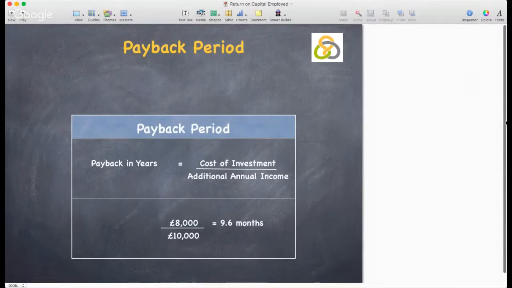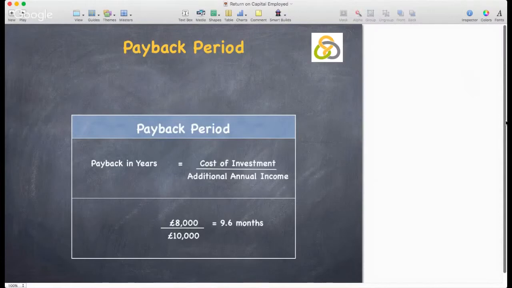So our £10,000 that we're expecting to do in the first year, divided into the £8,000 that we're investing in the project, will give us a return within 9.6 months. That's 80% of a year, there or thereabouts.